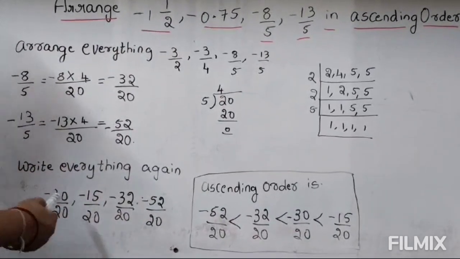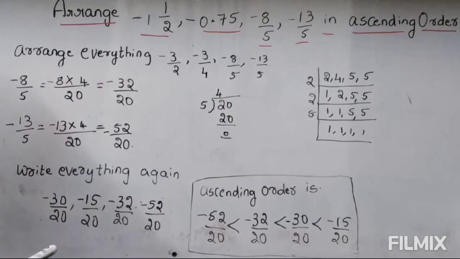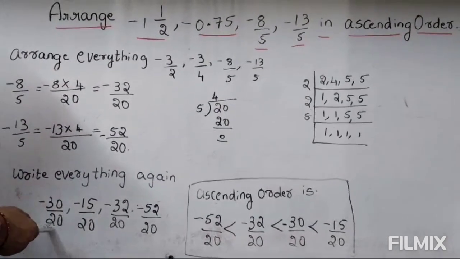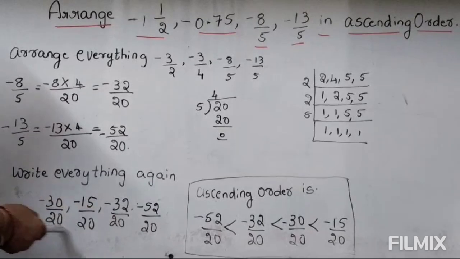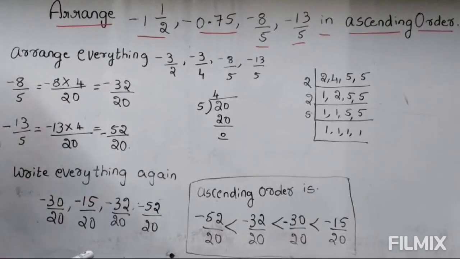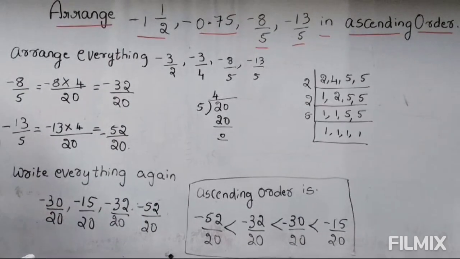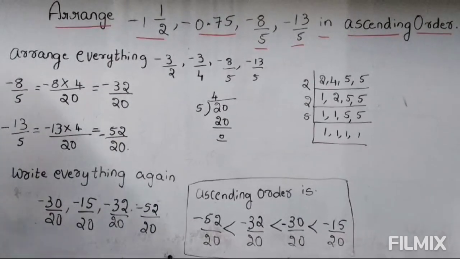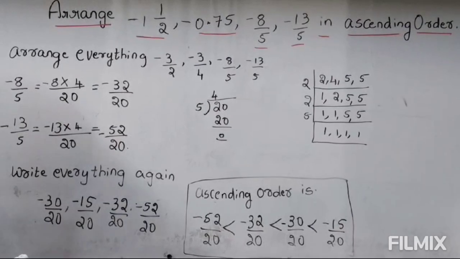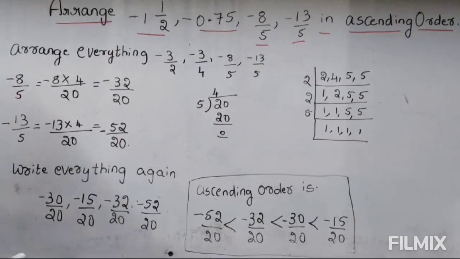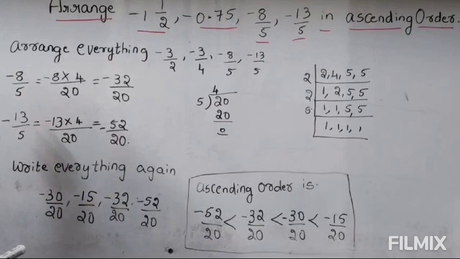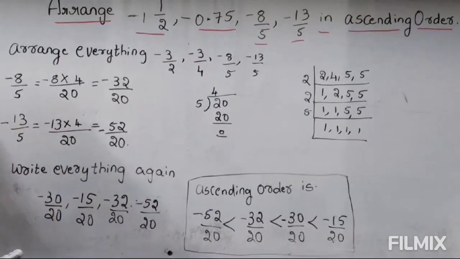Now you have to arrange this in ascending order. You have the same number in all the denominators, isn't it? So you have to concentrate on the numerators. In the number line also, the integers start from 0, minus 1, minus 2, like that.